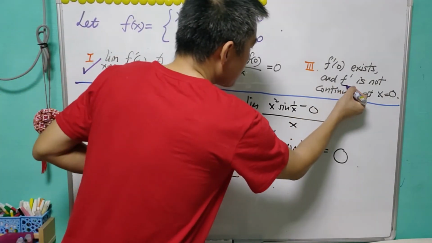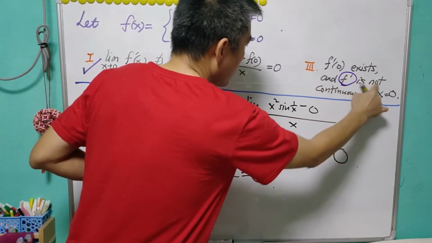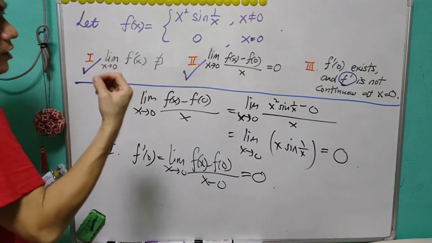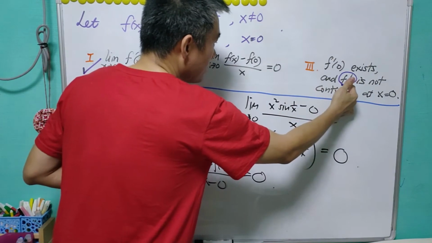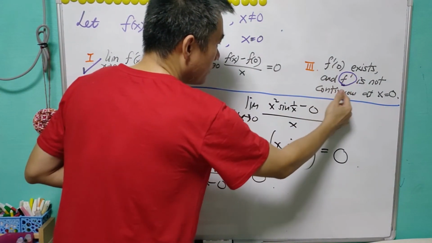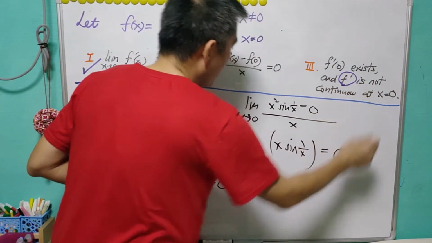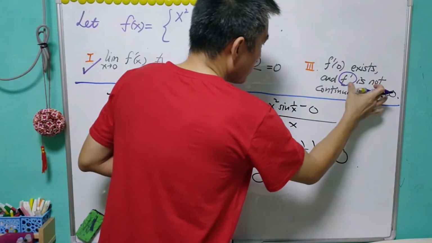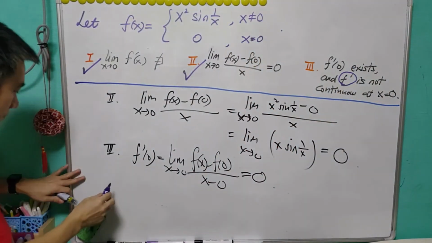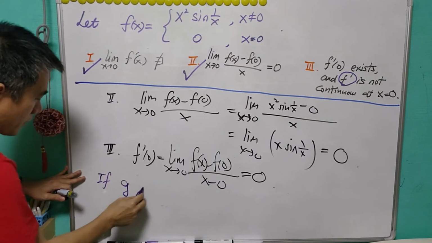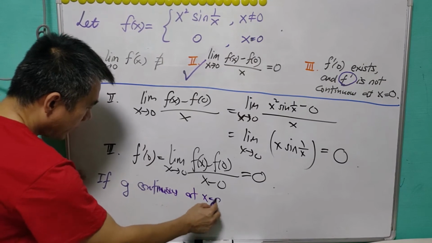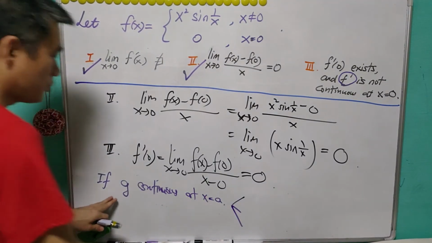Then it says that f' is not continuous at x equals 0. Now just recall, what is the condition for a function to be continuous at a particular point? Yes, 3 conditions. Let me write it down. If g is continuous at x equals a, then we need 3 conditions.